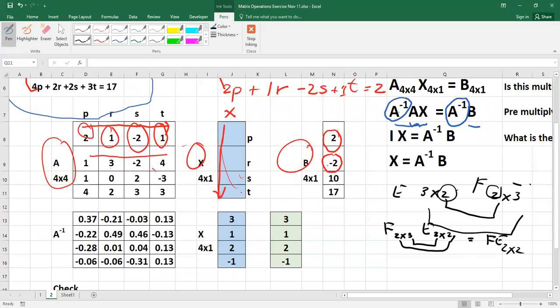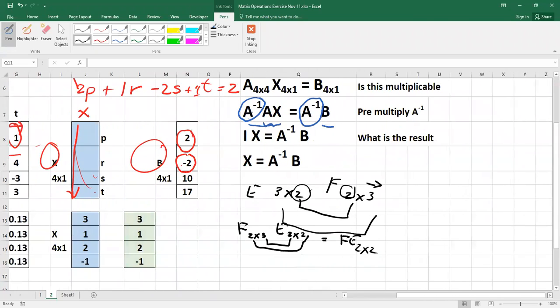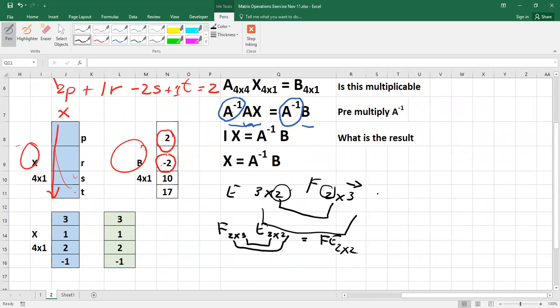On the other hand, E times F, they're also multiplicable, but the resulting size is 3 by 3. So that's the difference between FE and EF. Both are multiplicable, but the resultant matrices are different, which can be easily shown because they have different sizes.